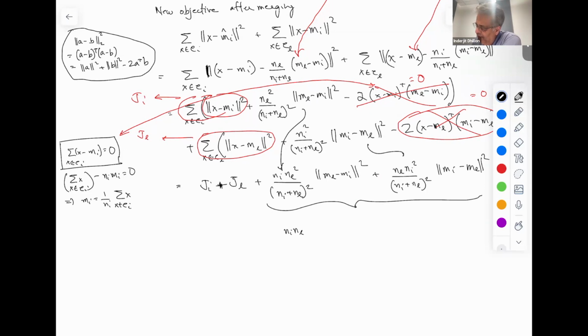I can take Ni Nl out common, divided by (Ni plus Nl) squared, and Ml minus Mi squared is also common. What I get is Nl plus Ni, Nl from here and Ni from here.